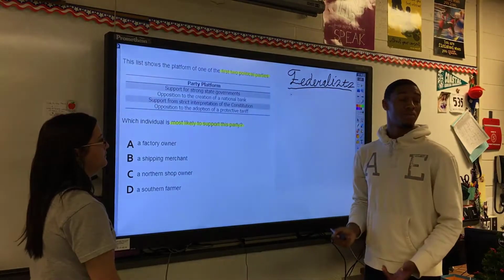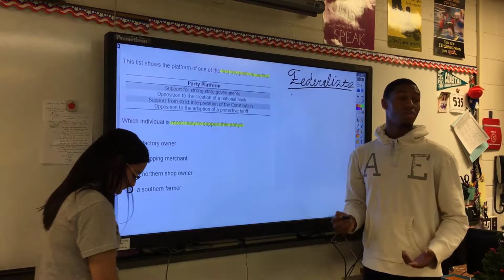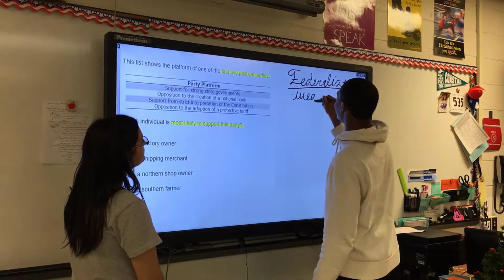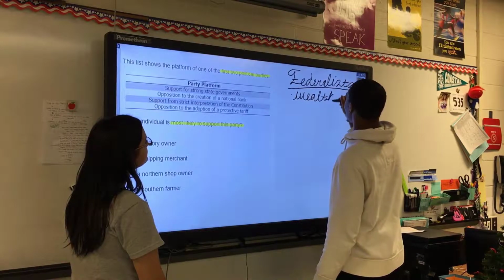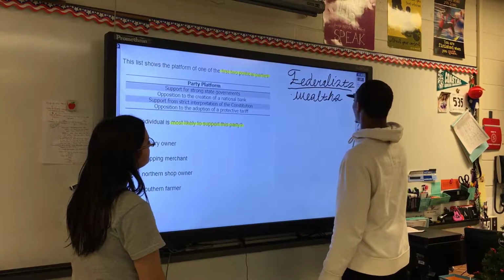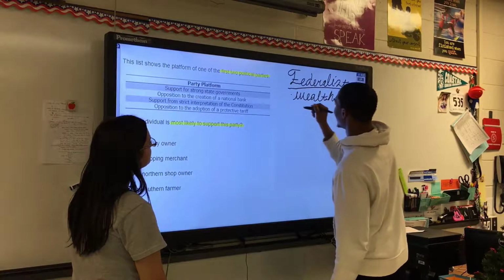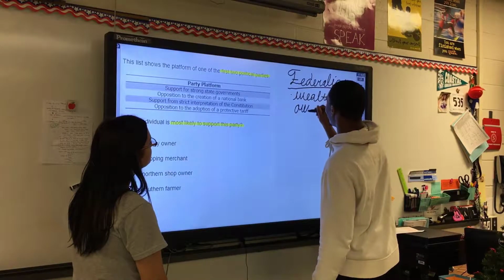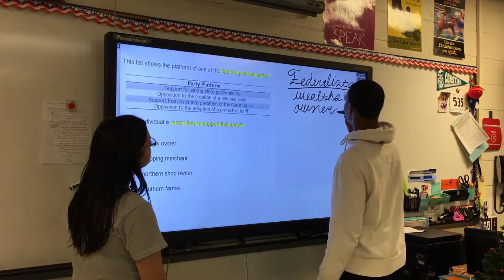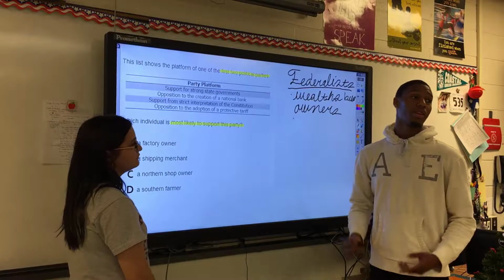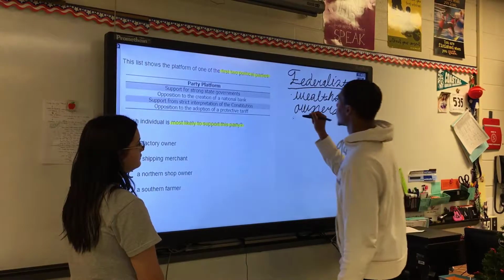One of the things I know about the Federalist Party is they are all wealthy business owners. The next thing I know about the Federalist Party is that they are in support of a national bank.